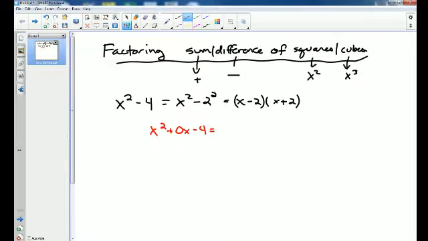And same thing, right? Just 0 x's. I can still factor this using quadratic methods. What multiplies to -4 and adds up to 0? -2 and +2, right? So you don't have to use this algorithm, but you can.